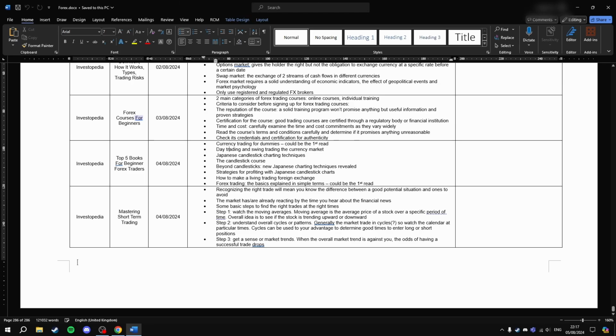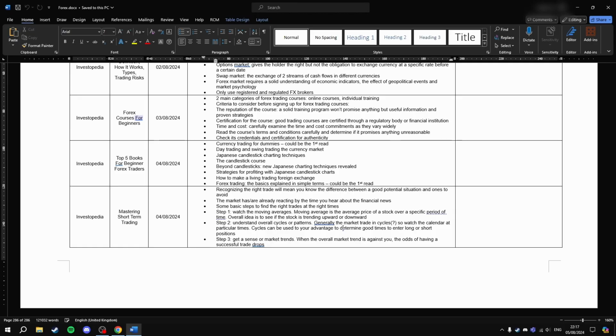And then we went through Mastering Short-Term Trading. Recognizing the right trade means the difference between a good potential situation and ones to avoid. The market has already reacted by the time you hear about the financial news. Some basic steps to find the right trades at the right time. Step 1, watch the moving averages. Moving averages is the average price of a stock over a specific period of time.